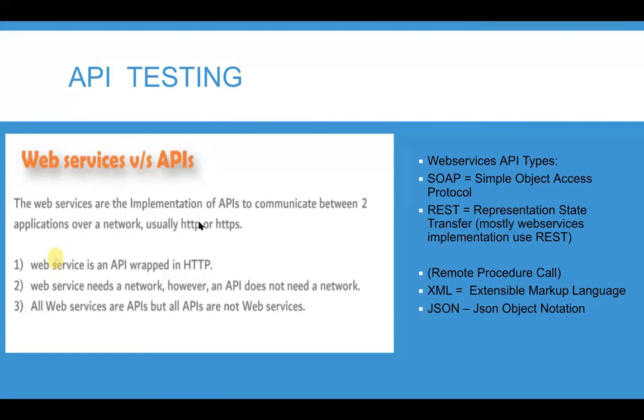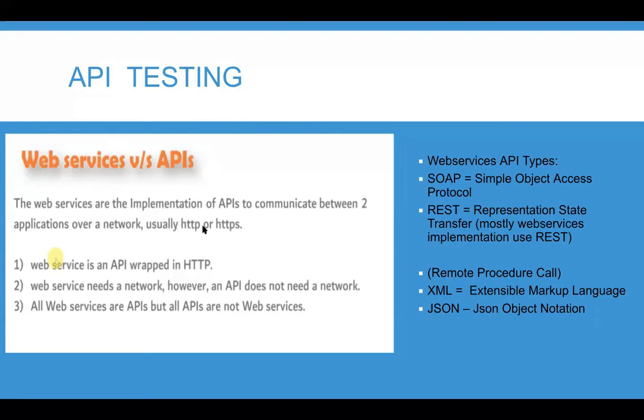You need an API. APIs expose the content of a web service through a network, and that network is HTTP or HTTPS. So when you go to the internet, you're able to access information from a web service via the internet.